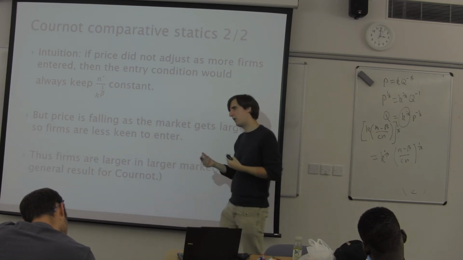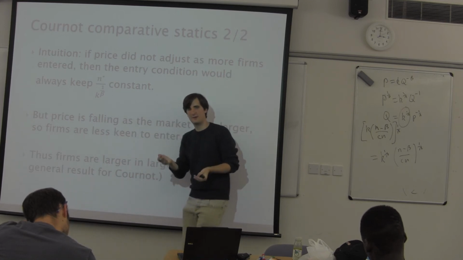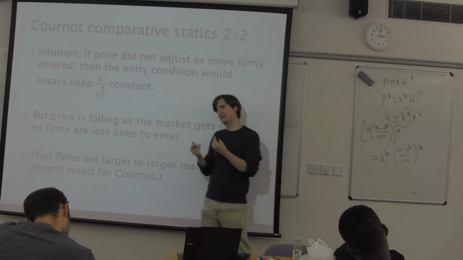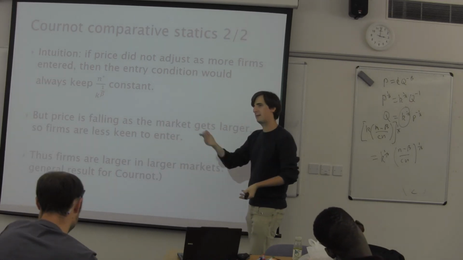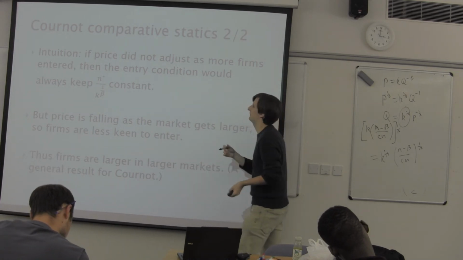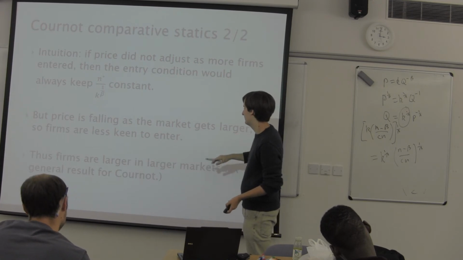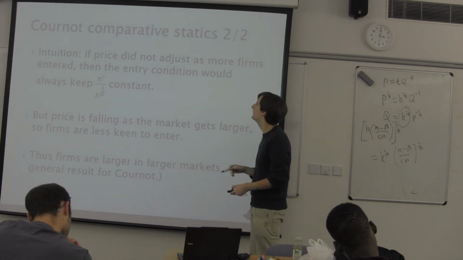And because price is closer to marginal cost, it's now less profitable to be in that industry, so fewer firms want to enter. So this fact that price is getting lower and lower reduces some of the incentives to enter the industry as the size of the market increases. This is why you're going to get firms being larger in larger industries.